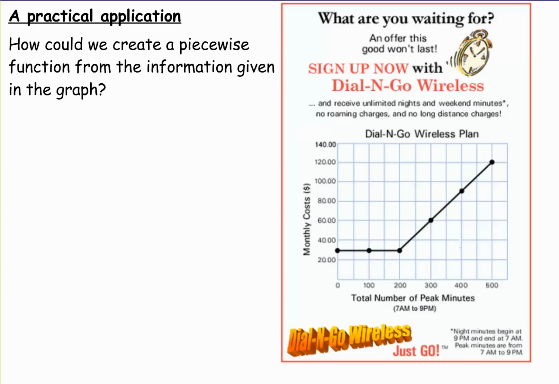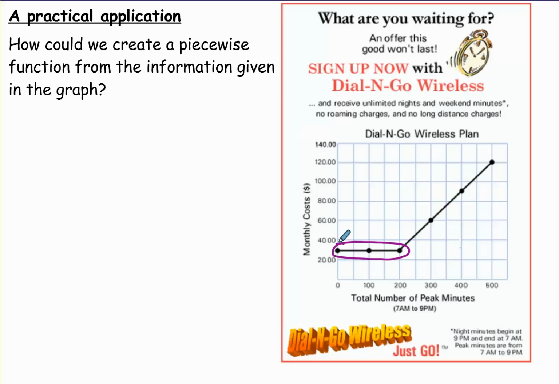Practical application for this. So we can see here this is about a cell phone service, and it looks like monthly cost is here on the y-axis and total number of minutes is here on the x-axis. So I want to represent this part of my graph right here. So how could I represent this part of my graph?